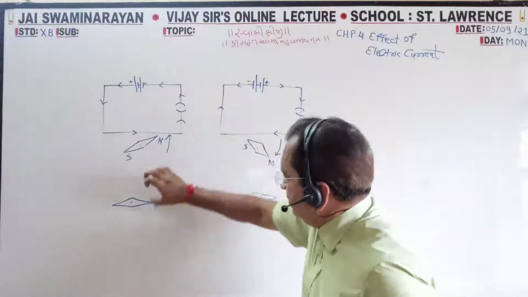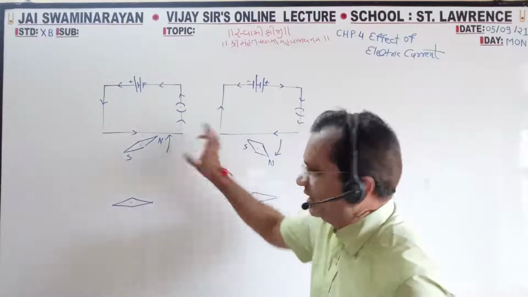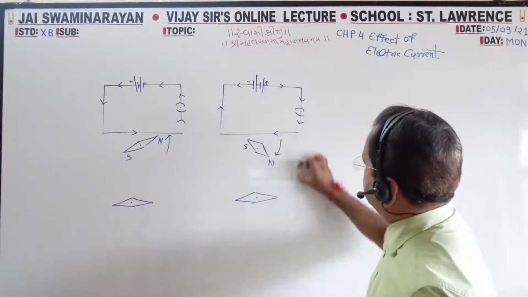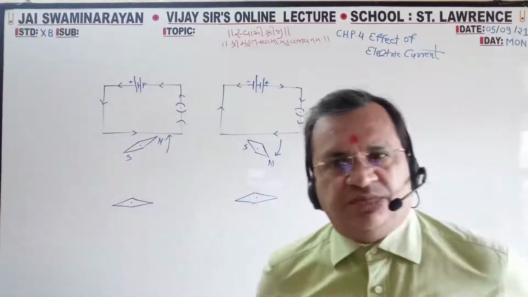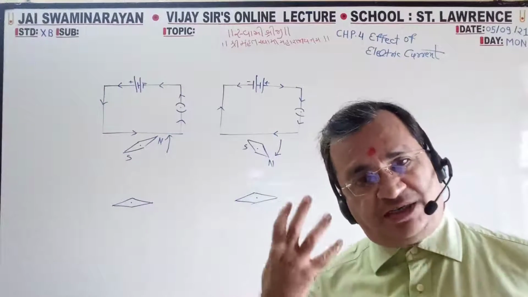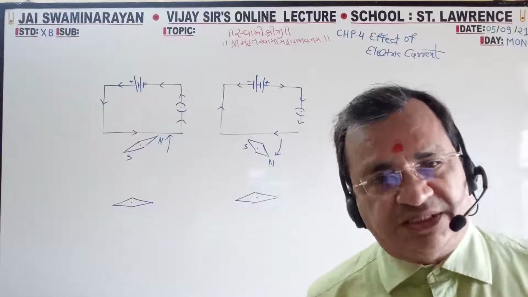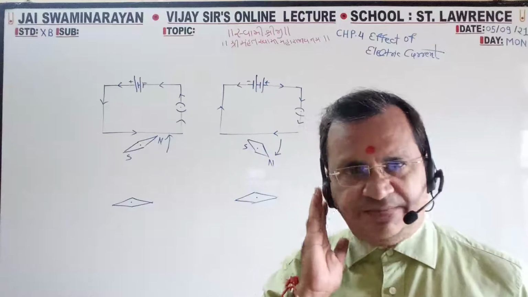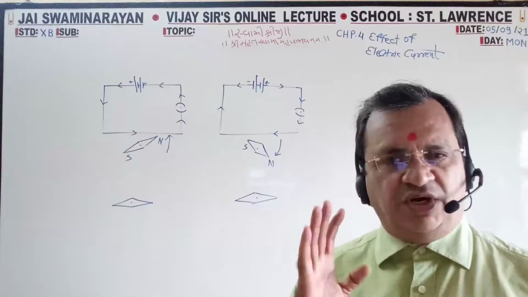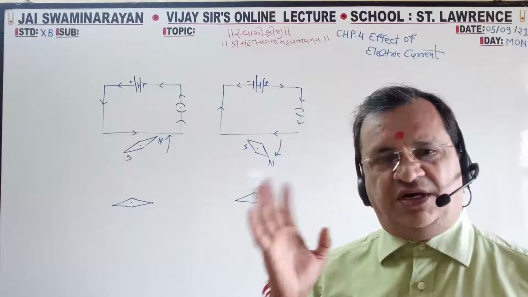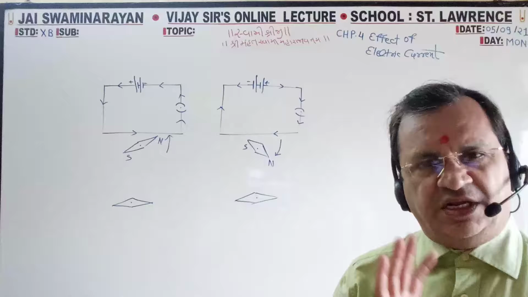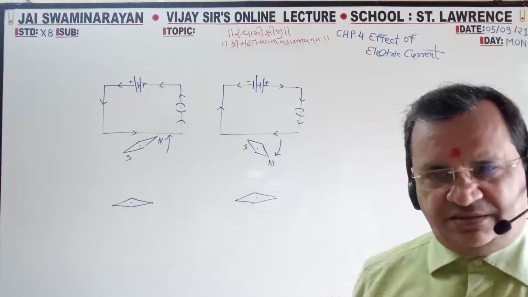This is a circuit, magnet at a distance. Now the magnet comes closer. This is also a circuit, magnet at a distance. Magnet comes closer. Tell me or try to read the diagram. What I want to say from this diagram. Whatever you are observing, whatever you are getting, tell me. Don't worry if it is wrong, I'll correct it.